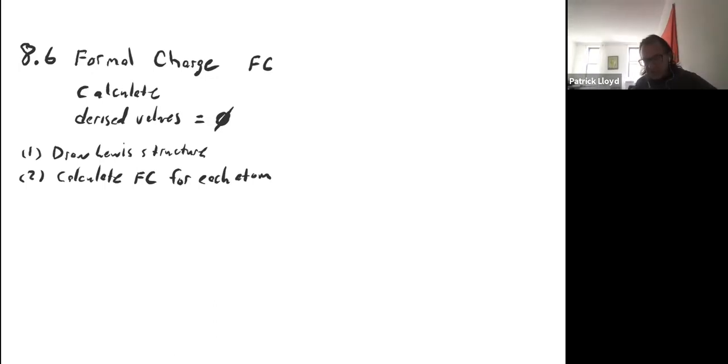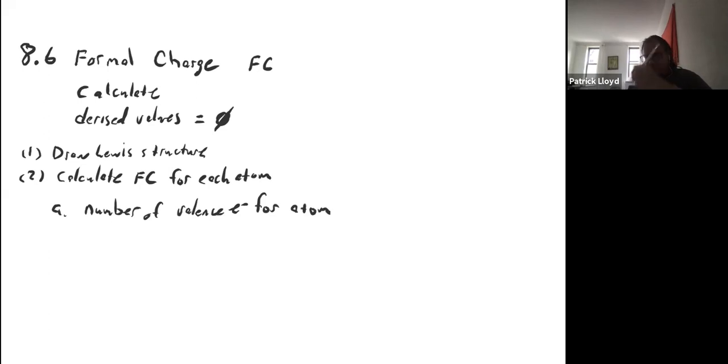Now here's how you calculate it. You take the number of valence electrons for the atom. How do you get that? From the periodic table. If it's oxygen, it's in group 6A, so that's 6. If it's carbon, it's in group 4A, so that's 4. So you take that number, you write it down.